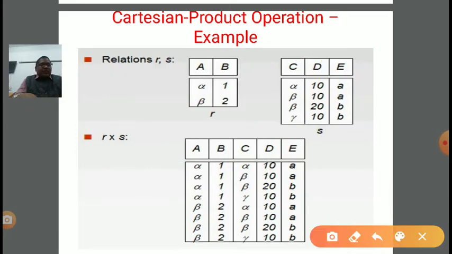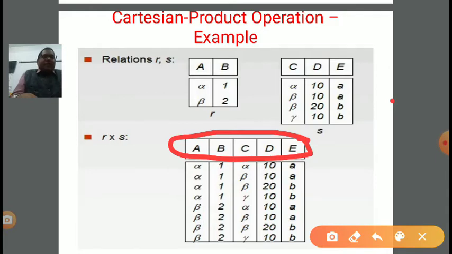The first row is alpha 1. Alpha 1 will be multiplied with the first row of the second relation, alpha 10 A. So in the output, the first row becomes alpha 1 corresponding to A B and alpha 10 A corresponding to C D E. These 5 attributes, A, B, C, D, E, will be in the final output, meaning both relations' attributes are added and put in the final output.